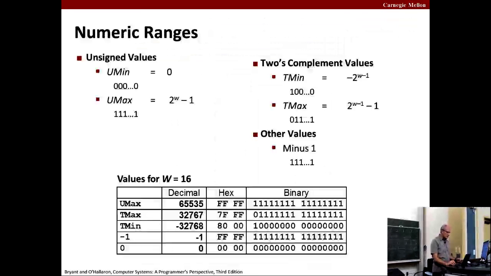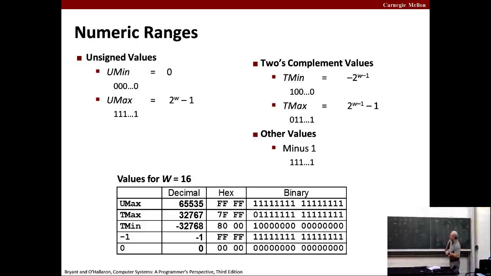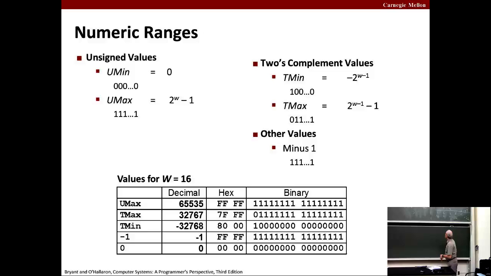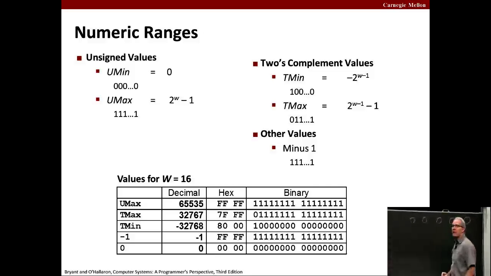So let's think about what the extreme ranges of numbers are that we can get with these two different representations. So obviously, if these are all zeros, my number is going to equal 0.